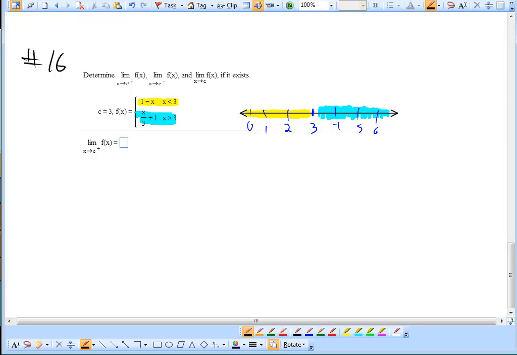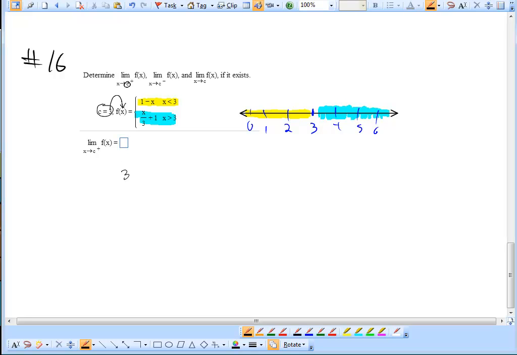So we want to know the limit as x approaches c from the right, but they tell us c is 3. Oh, but c is an x value, so just substitute 3 in place of x. So your yellow rule, as you approach from the left, is the negative one. Oh, but they ask it in a funky order. They ask it as x approaches 3 from the right first. So I'm going to obey the blue rule first.